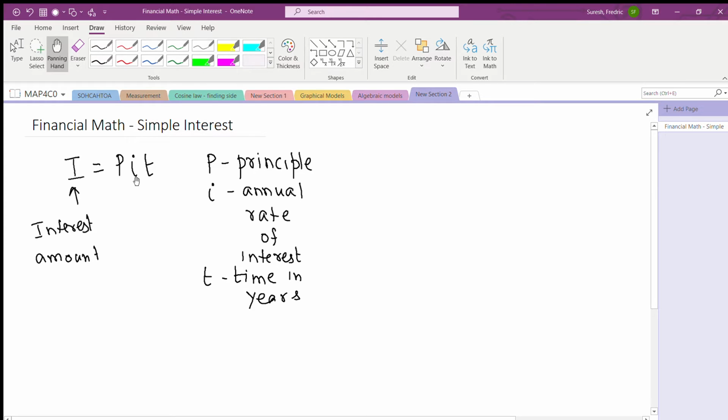And i is the small i, distinguish that from the capital I. The small i is the annual rate of interest. You might have seen this on some advertisements. They might say 3.7 APR, that is the annual interest rate. And T, when it comes to simple interest, is always measured in years.